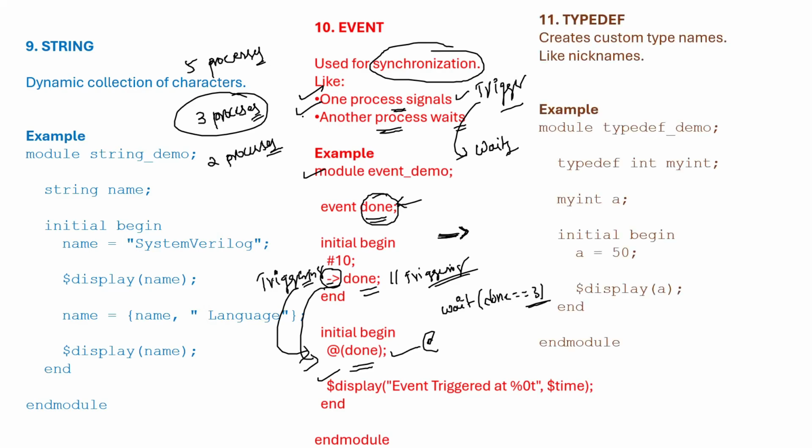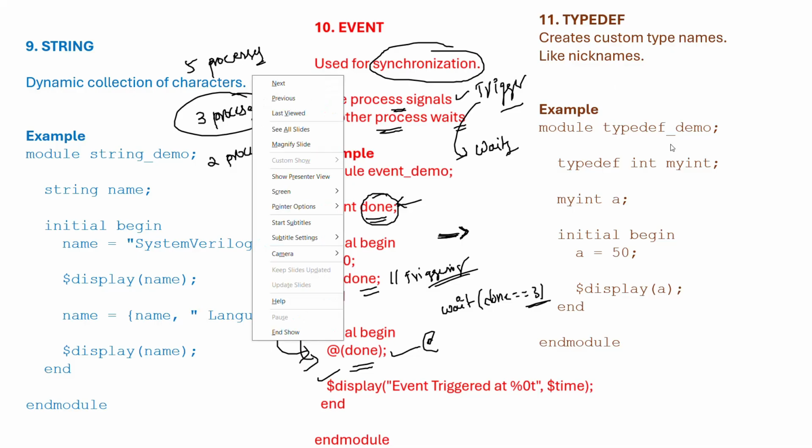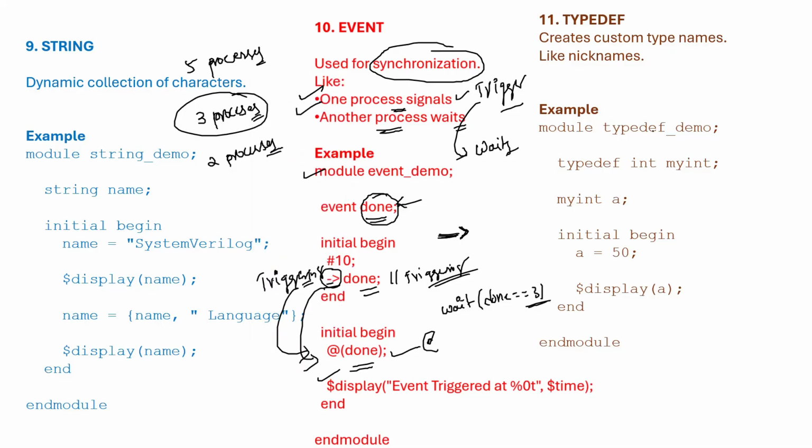And then typedef. Typedef is a user defined data type. The user can store this data type, which means the user may use different data types by his own names. Suppose typedef is my data type. By using this, I am representing int here.